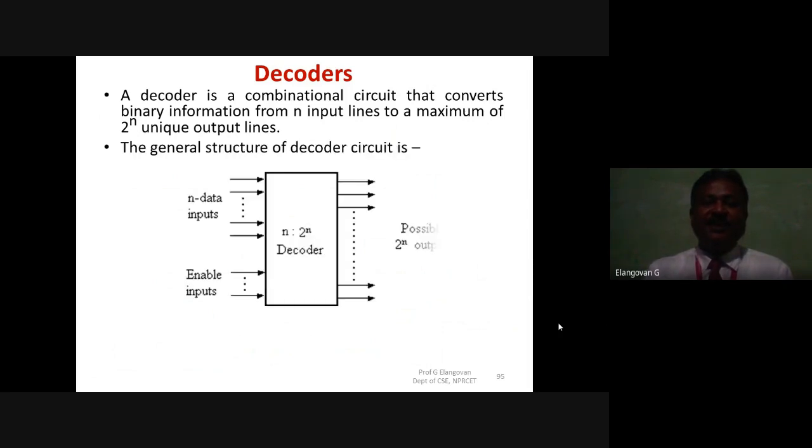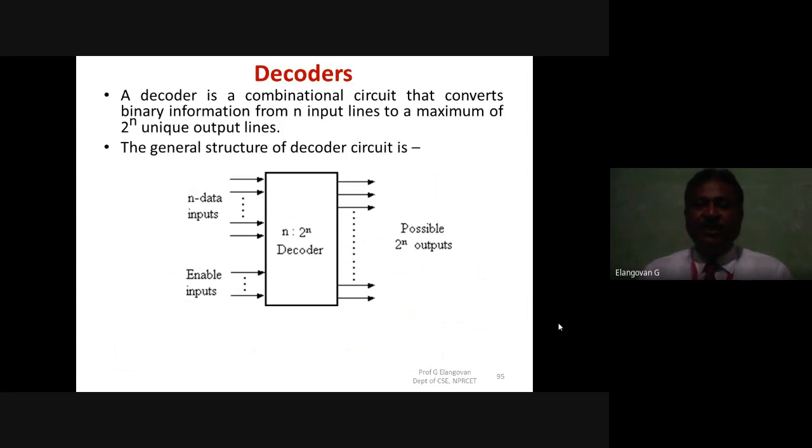The general structure of a decoder looks like this. There will be n inputs and 2 power n possible outputs, and you will have enable inputs. The enable input is mainly required to indicate whether the output is valid or not. Since a 0 output is a possible combination, a 0 output must be distinguished from a null output.